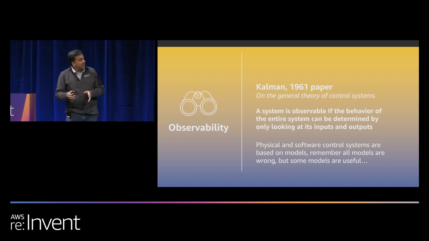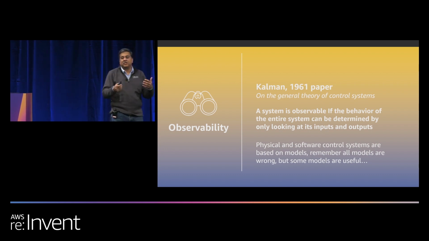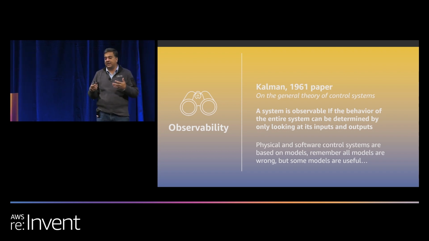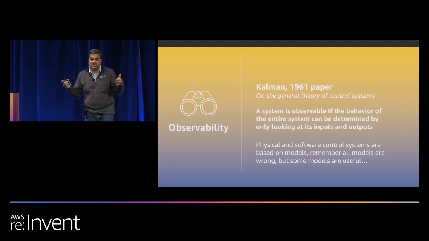Coming back to the observability part, right? How do you make sure you are measuring the right things in your application? A truly observable application is one where you can measure the application functionality by just looking at the inputs and outputs, right? So if you have certain inputs, you know what the outputs are, and if without the inputs changing, the output changes, something has happened in your application.